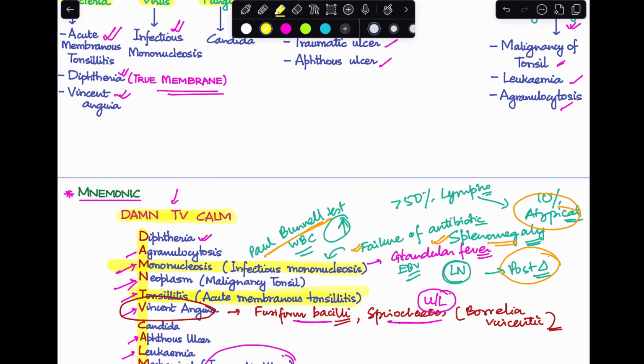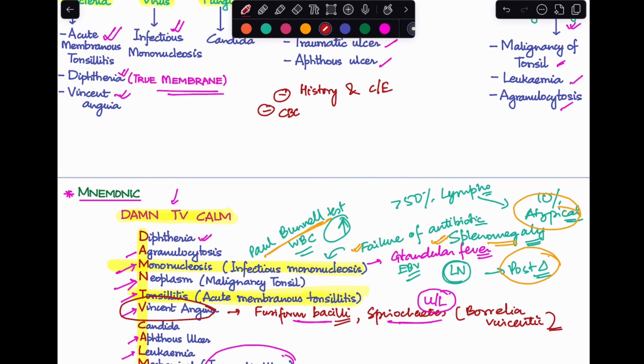Now, when a patient like this presents to you, first of all, we will take a very detailed history as well as perform a very detailed clinical examination of the patient, with a lot of the features which I've already discussed. Next, we will perform a complete blood count.